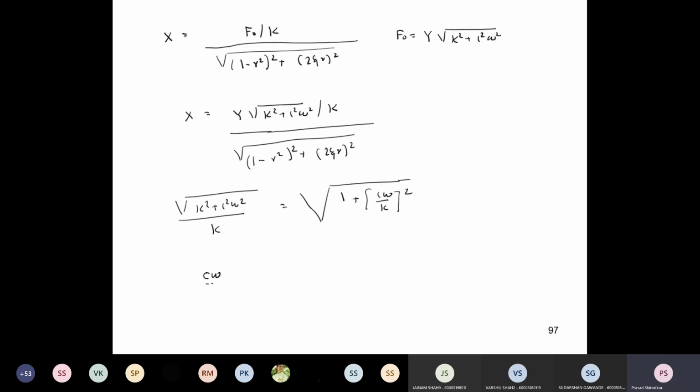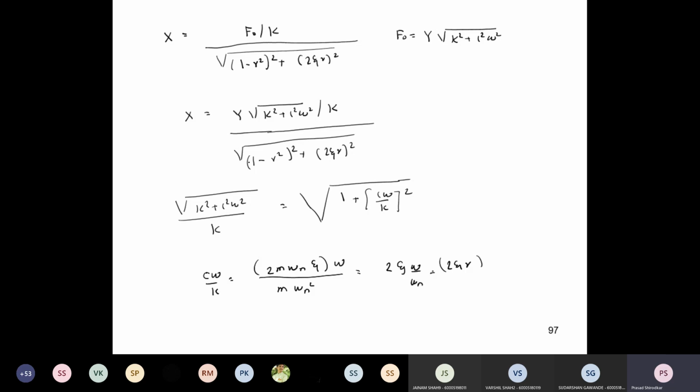Any questions on this page? Now c omega by k: I can write c is equal to 2 m omega n zeta, that is c into omega divided by k, where k is nothing but m into omega n square, and this reduces to the form 2 times zeta into omega by omega n, and that is equal to 2 zeta r.